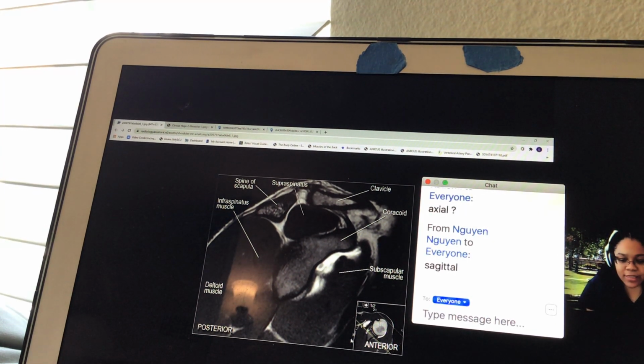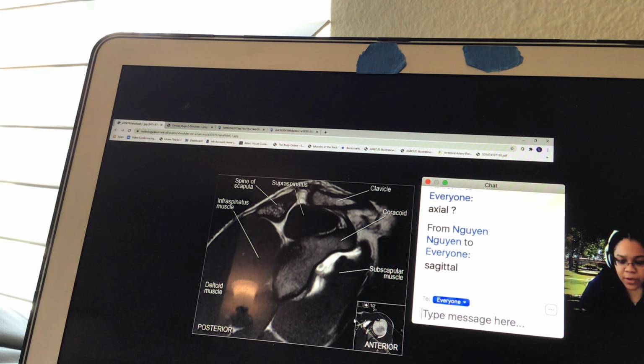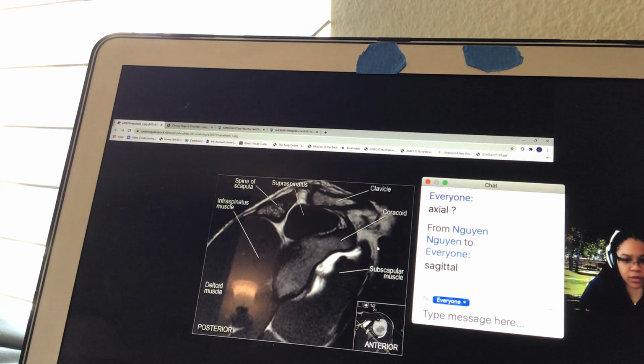This little insert down here at the bottom is showing me an axial view, but it's that yellow line cutting across that is showing me where that slice is. And we're going from the most lateral aspect down to the most medial. So that's what we're seeing here. So we have a sagittal MRI.